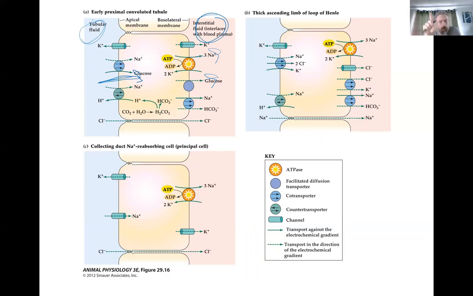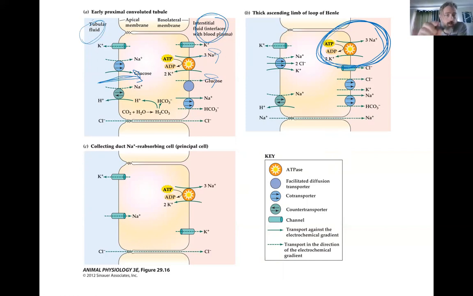In the ascending limb of the loop of Henle, so again, this is the water impermeable part. The big process here, as before, is this one right there. This active movement of sodium out of the tubular fluid and into the interstitial fluid. We are making that interstitial fluid salty. We are doing our damnedest to make that happen.